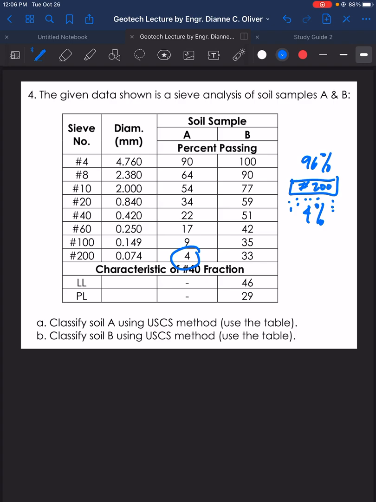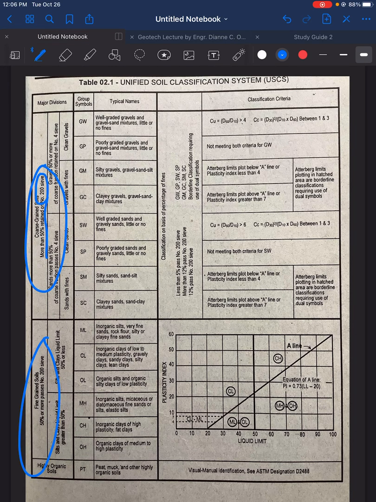So we can therefore conclude that this type of soil is coarse-grained soil. Okay? So coarse-grained soil because more than 50% is retained on number 200 sieve. Or we can say it this way, if it is more than 50% retained, meaning it is less than 50% passing.